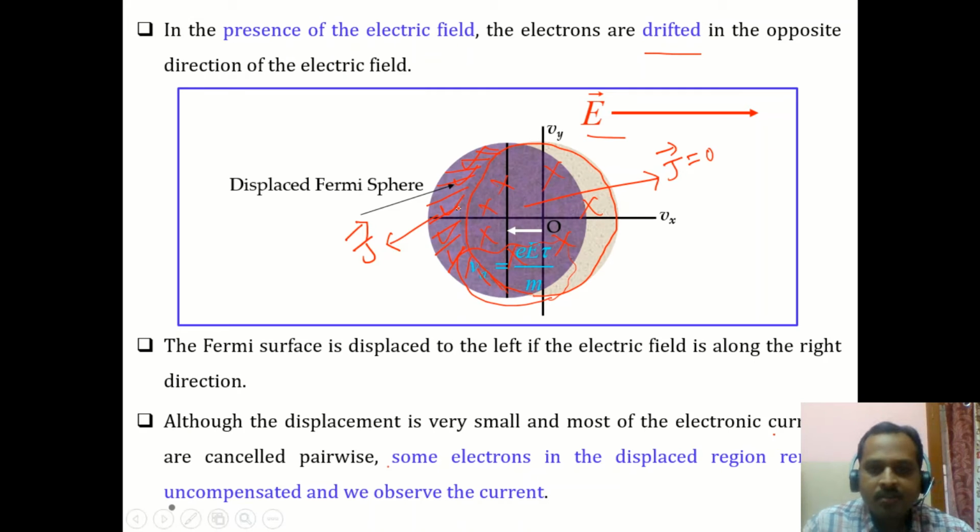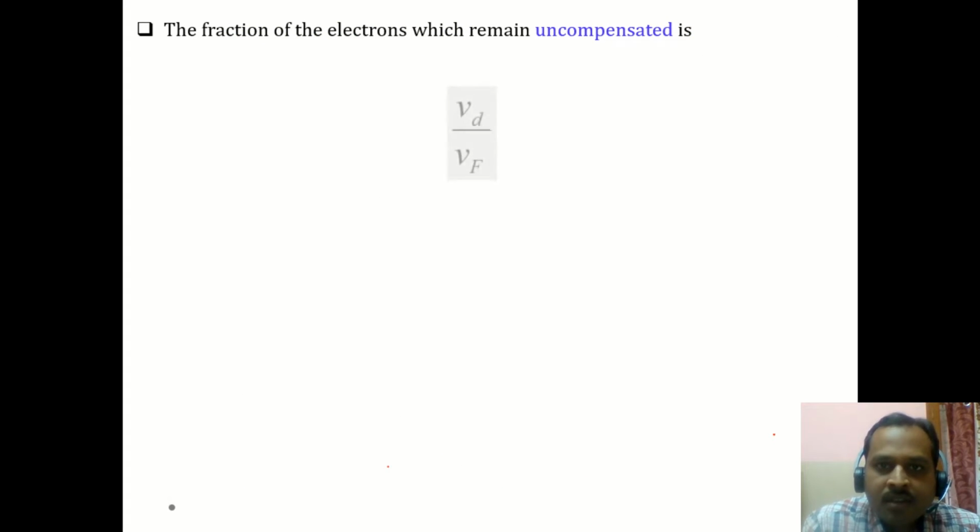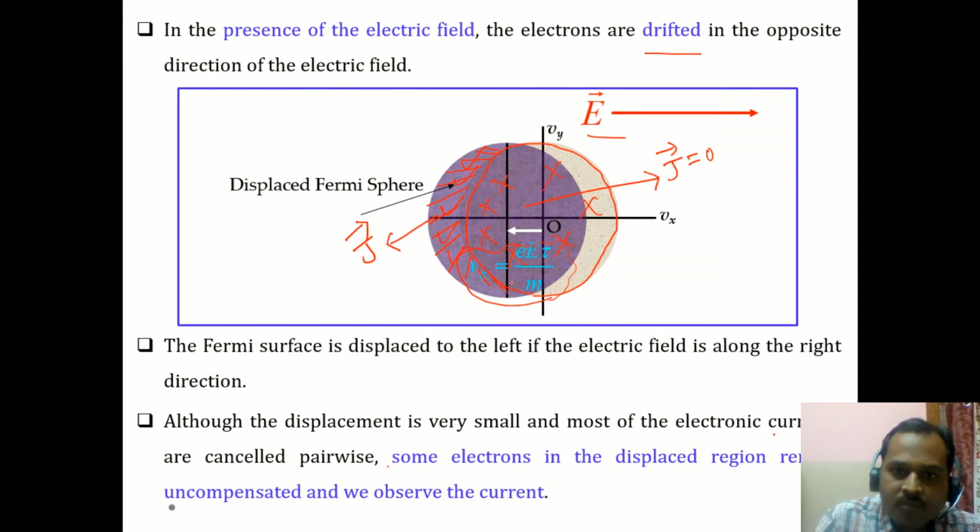So now let us find out how much fraction of the electrons are present in this outside region which is not overlapping with the undisplaced sphere, and that fraction is Vd by Vf, because Vf is the radius of the undisplaced Fermi sphere, and Vd is the velocity with which the Fermi sphere is moving in the opposite direction.